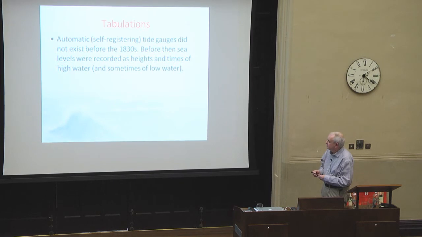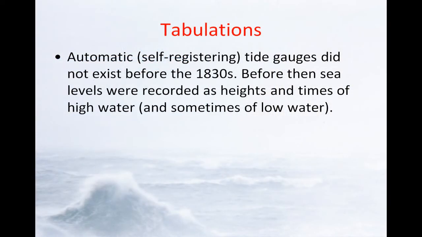The first type of data that you really want to look at, I think, is tabulations. You might know that the first, what we call a tide gauge, really started in the 1830s, in Sheerness and other places. And they called them then self-registering gauges.